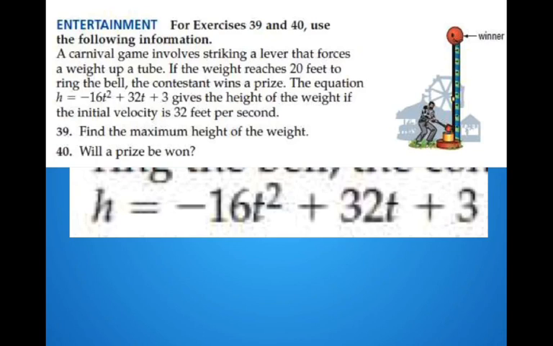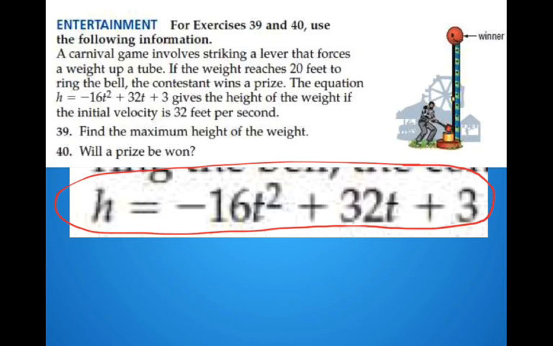So let's say we have an equation that describes the height of the weight that goes up the tube, and this equation is given right here. So this is the equation. It describes the height, and the question is, is it going to ring the bell?